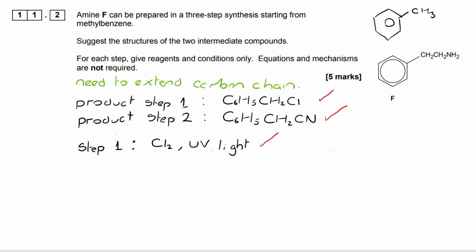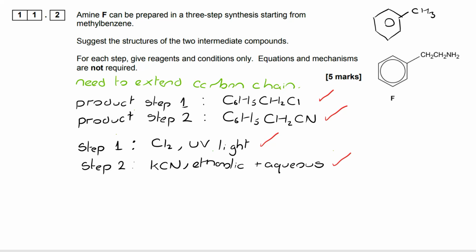The haloalkane is basically a free radical substitution mechanism. You don't need to name that here, but hopefully you're recognizing that. And if you do remember that, that will help you to remember the conditions. And that's going to be the addition of chlorine, but in the presence of UV light. And that's what's going to take us to our product in step 1, the C6H5CH2Cl.